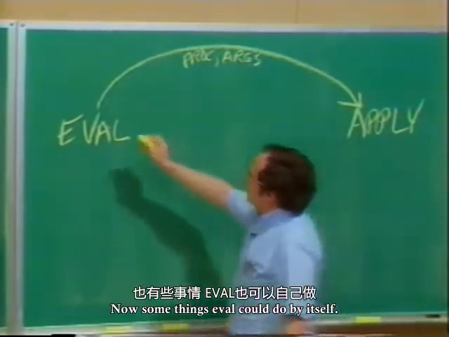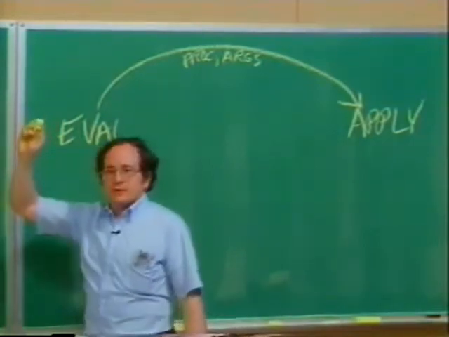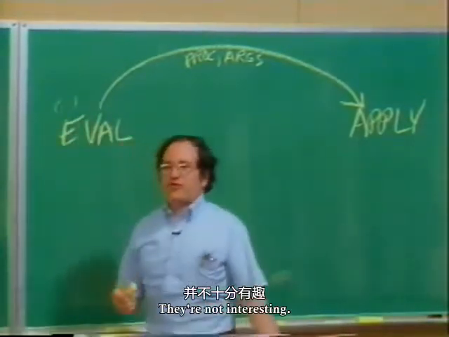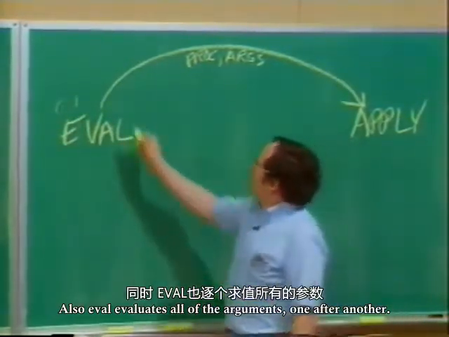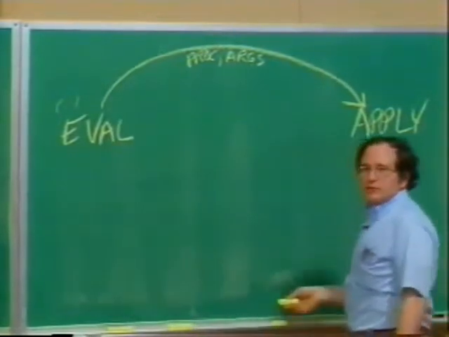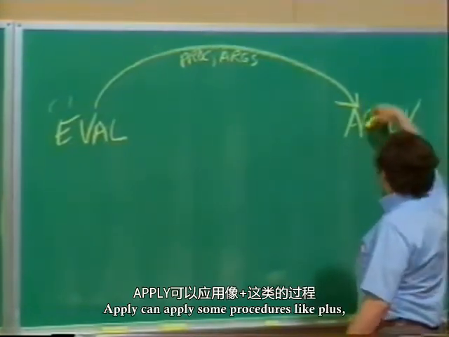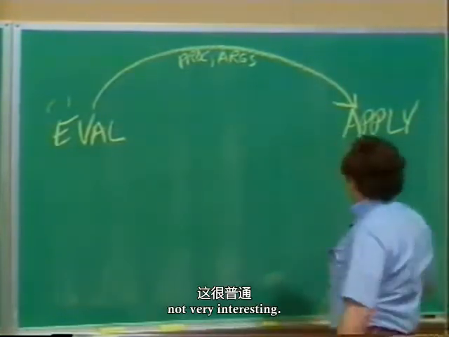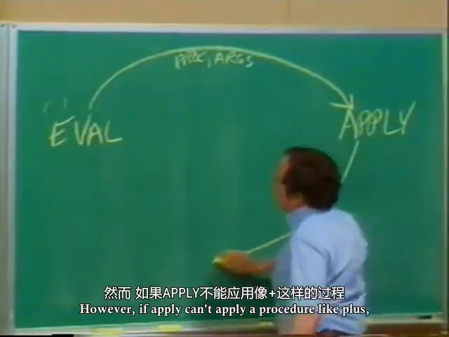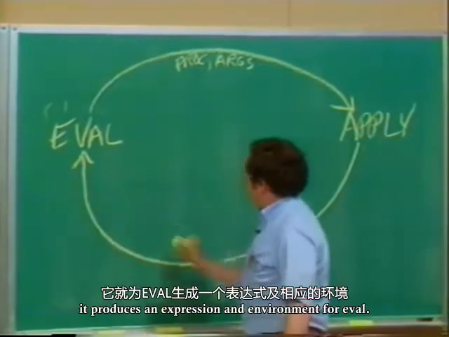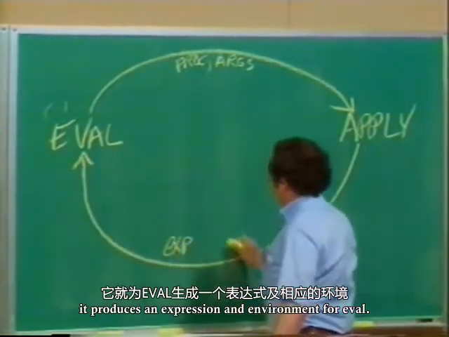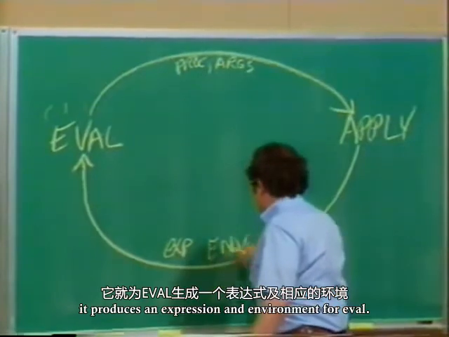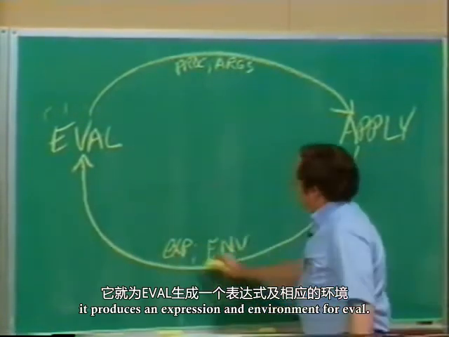Now eval, some things eval can do by itself. Those are little self things here that are not interesting. Also eval evaluates all of the arguments one after another. That's not very interesting. Apply can apply some procedures like plus. Not very interesting. However, if apply can't apply a procedure like plus, it produces an expression, an environment for eval.